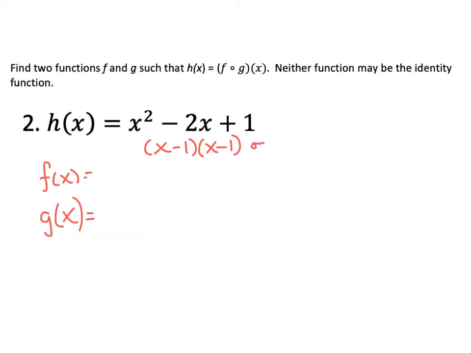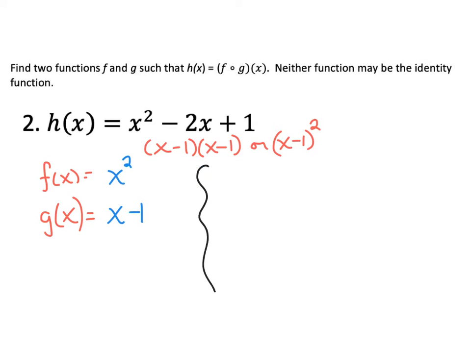Okay, or this is equivalent to x minus 1 squared. So one possibility would be that my outer function, the f of x, could just be x squared. And then my g of x would be x minus 1, because if I had to plug x minus 1 into this x squared, I'd square it and I'd get that given trinomial.